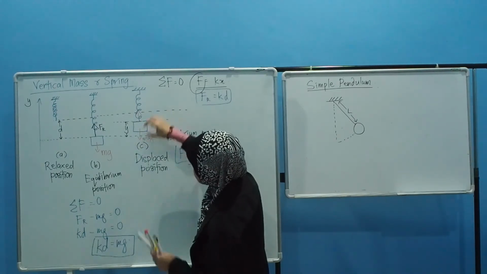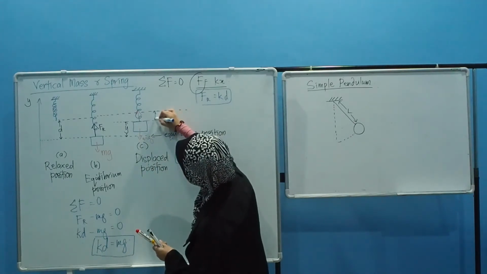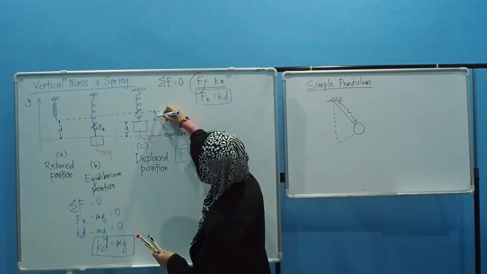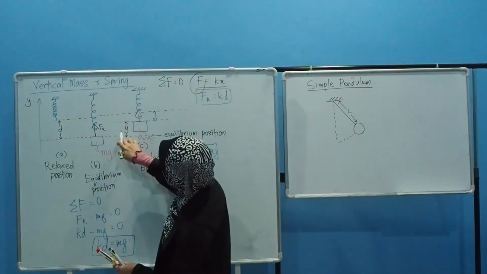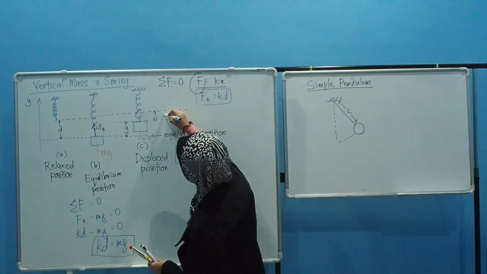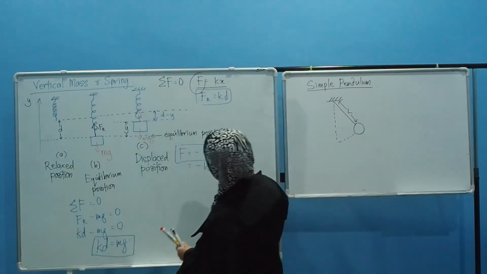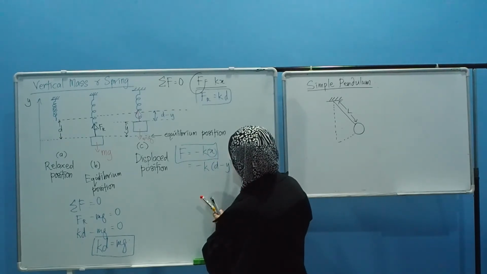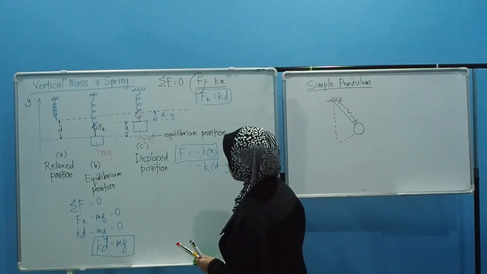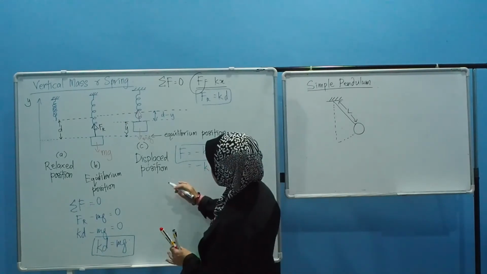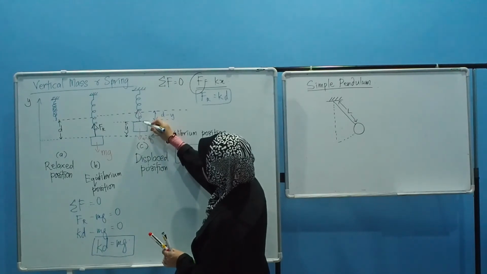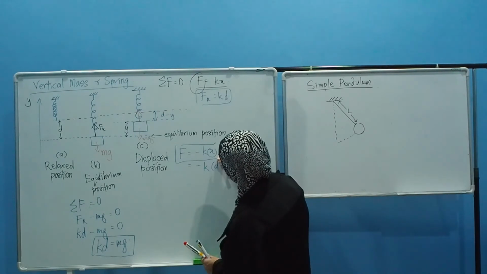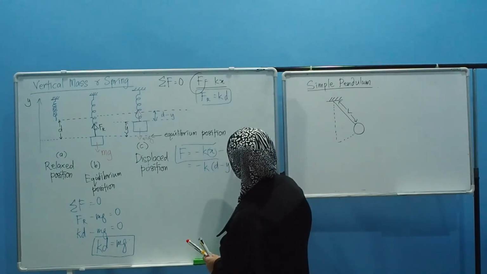So from here to here is the value of x, which is d minus y. So I replace x with d minus y. Then minus mg.